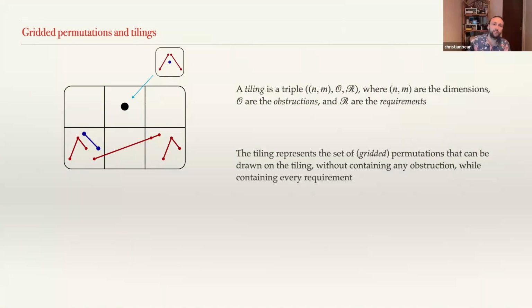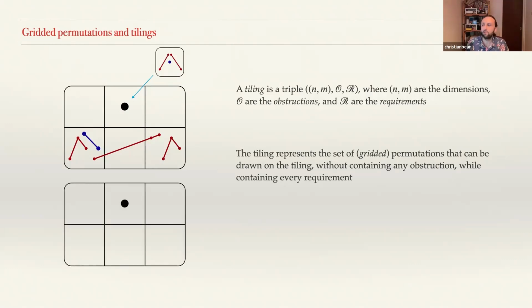So what this tiling really represents is the set of gridded permutations that can be drawn on the tiling without creating any of the obstructions, and making sure that we actually contain every requirement. For example, if I take my box and draw some points until I definitely contain that blue 2, 1, but make sure I never accidentally create one of the red obstructions, this would be an example of a permutation on this tiling.